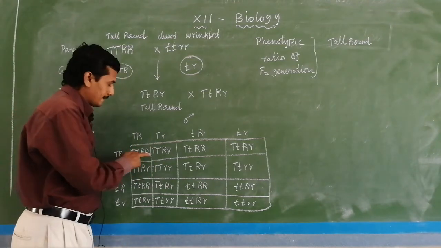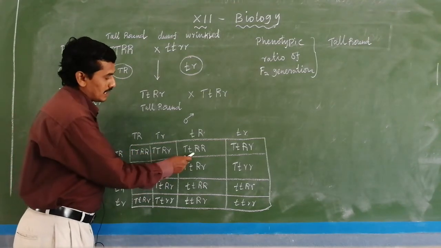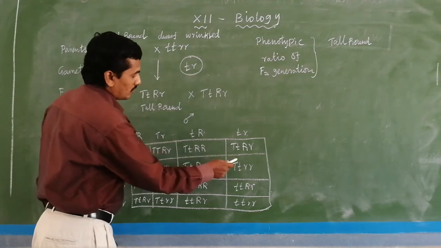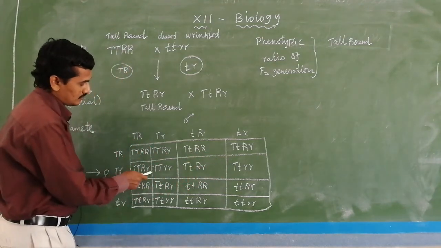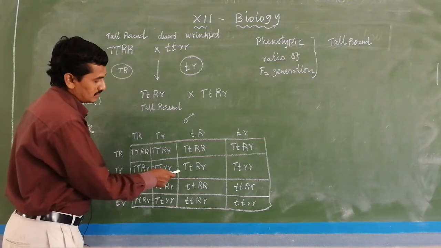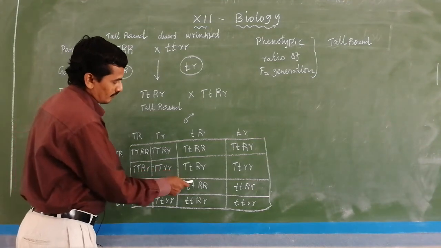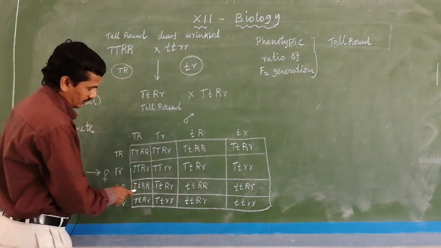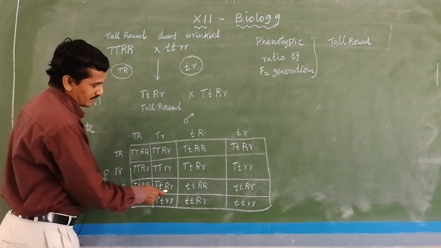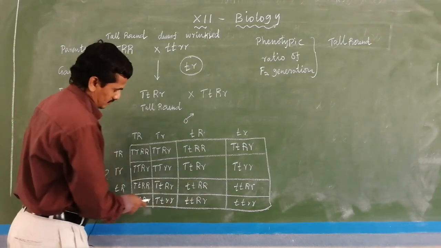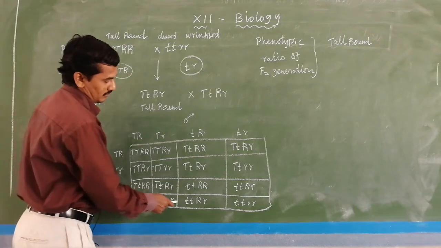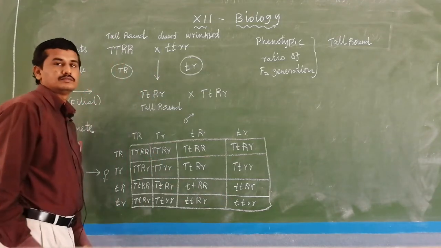So, 1, 2 and 3, 4, 5, not 6. Here not 7, 8, not 9. So this is actually all dwarf.